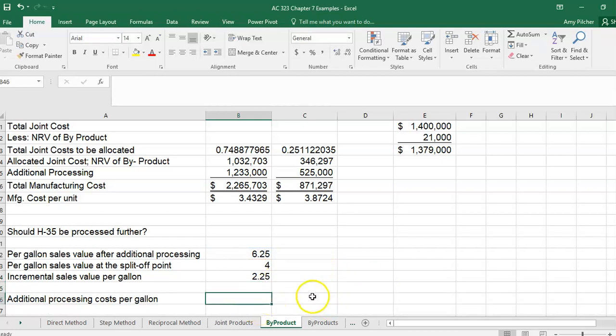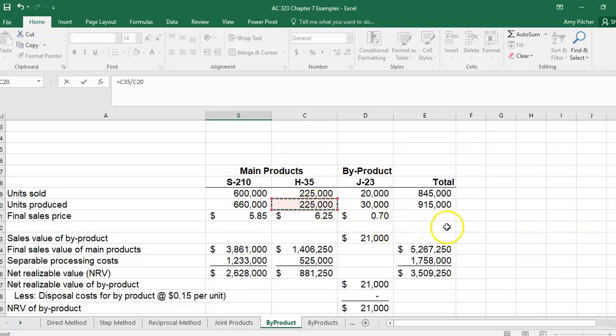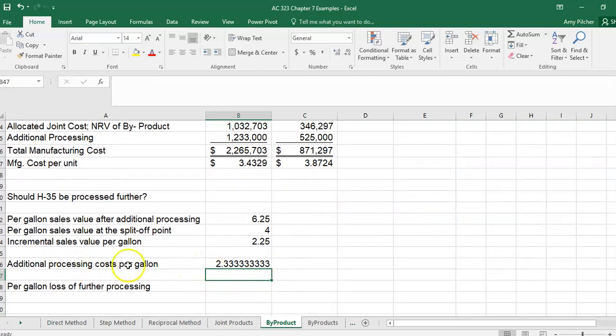Our additional processing cost per gallon, so we have additional processing costs of 525,000 total, and we make 225,000 gallons. So our additional processing costs per gallon are $2.33. So if we take $2.25 minus $2.33, we find that we're actually losing 8 cents a gallon by further processing. Therefore, H35, we make more money selling it off at its split off than we will if we further process.